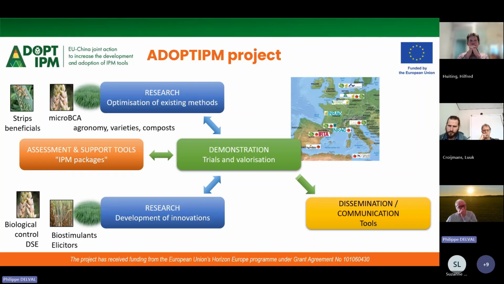You cannot see it here, but we have some trials on maize, for instance, because there are some innovations tested on a new pest, fall armyworm, that is now in Europe, in the eastern part and in the Canary Islands.